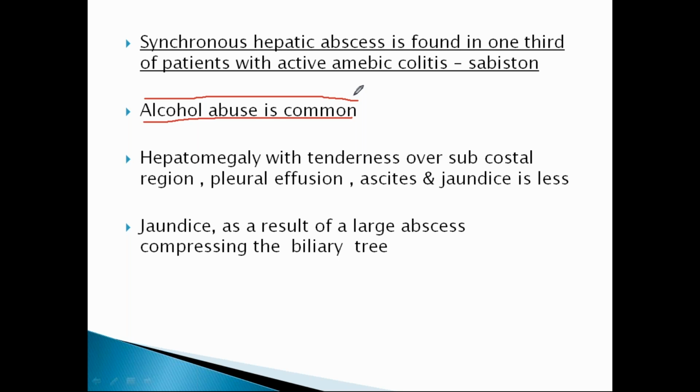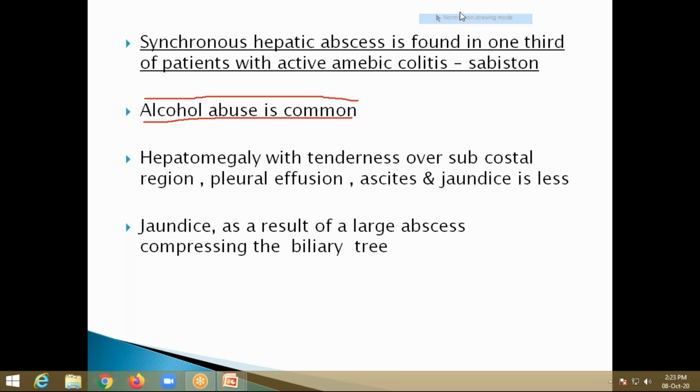So it is a filter for bacteria and for toxins like ammonia, along with nutrients. But of course, the liver is not developed to eradicate trophozoites or parasites. So they get lodged in that part and develop abscess.